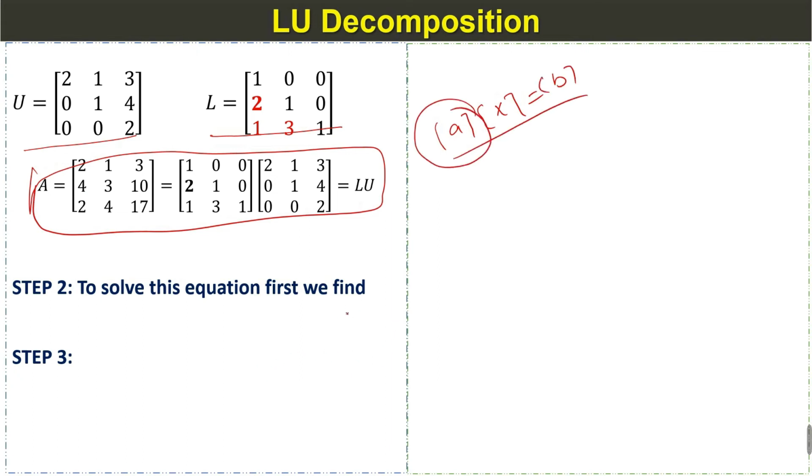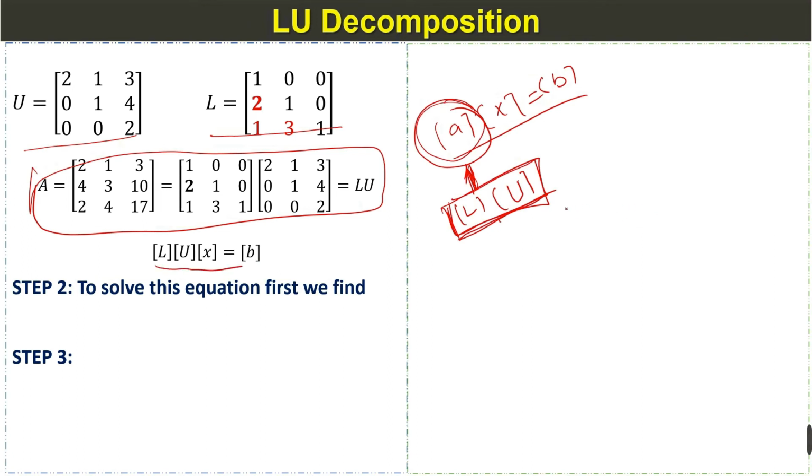We replace the coefficient matrix with the product of the lower triangular matrix and the upper triangular matrix, because the product of lower and upper is again the coefficient matrix A. So this is equal to L times U times the matrix X, and this is the matrix B.